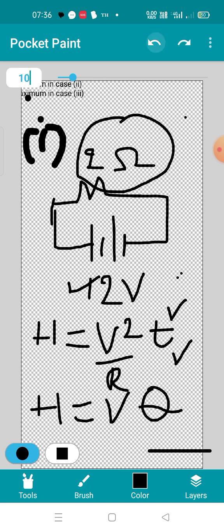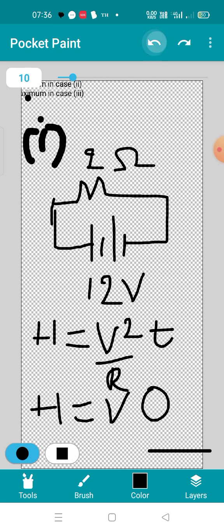So now let's see how we can use H is equal to V square by R into T and then calculate this.